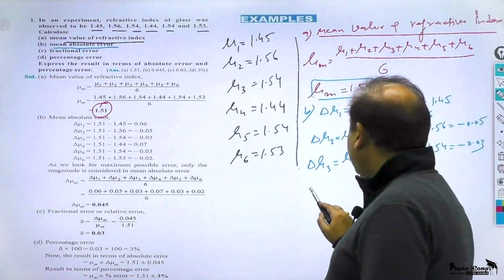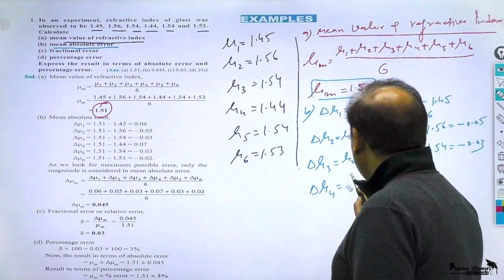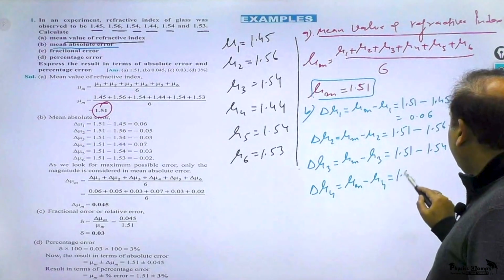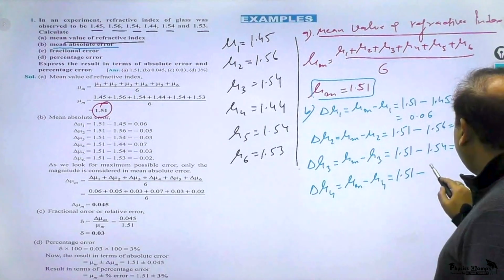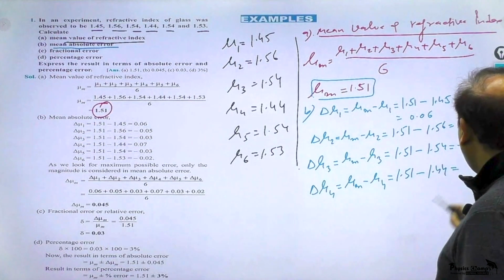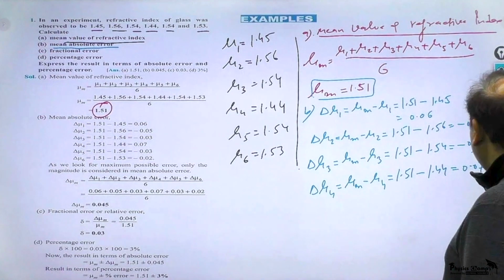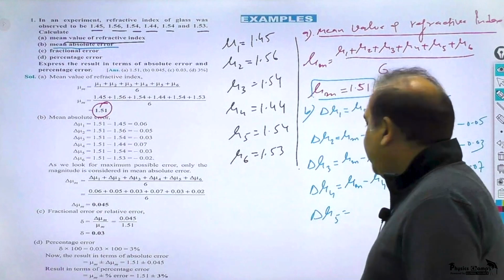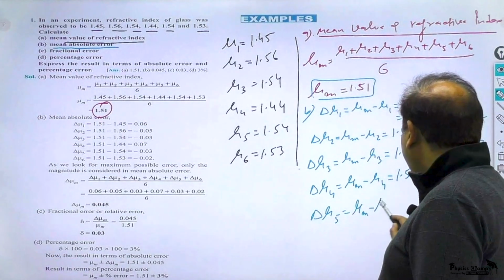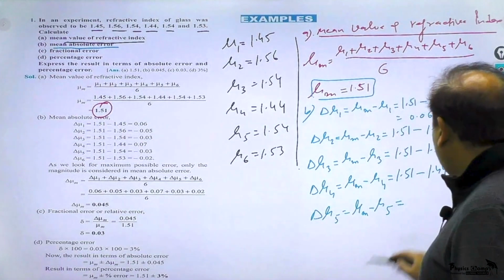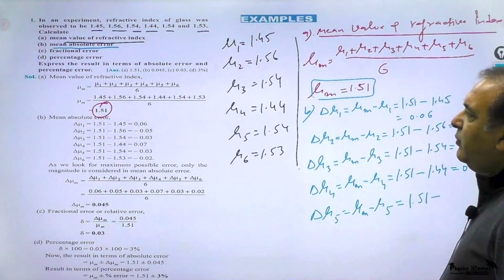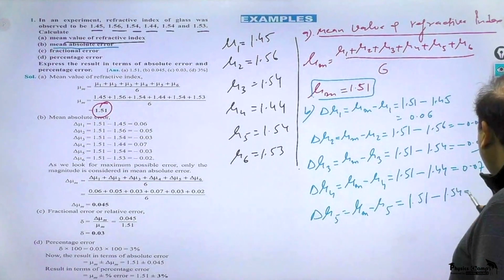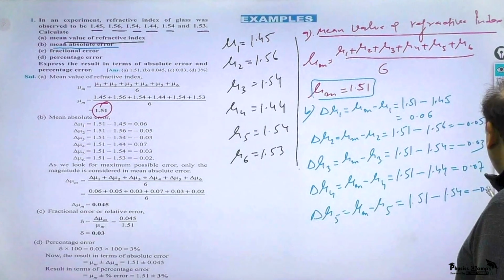Error in the fourth reading, mu_m minus mu4, is 1.51 minus 1.44, so it is plus 0.07. Error in the fifth reading, mu_m minus mu5, is 1.51 minus 1.54, so it is minus 0.03.